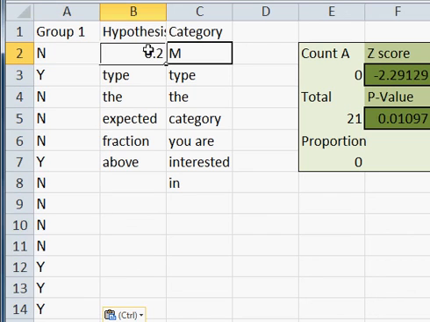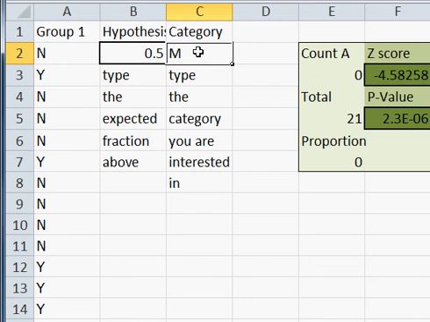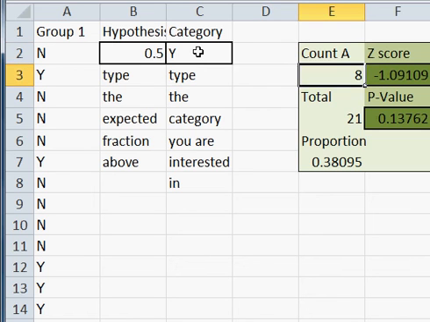My theory was that half the people in this testing group were smokers, and we want to count the yes answers. So we have 8 smokers out of 21.